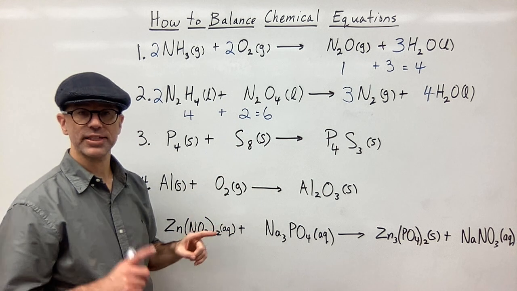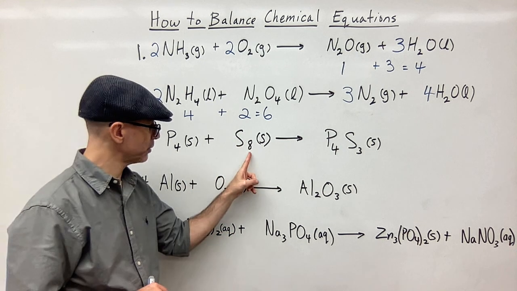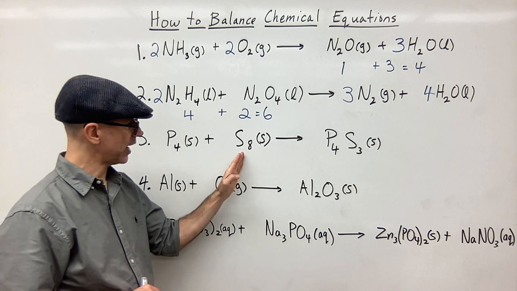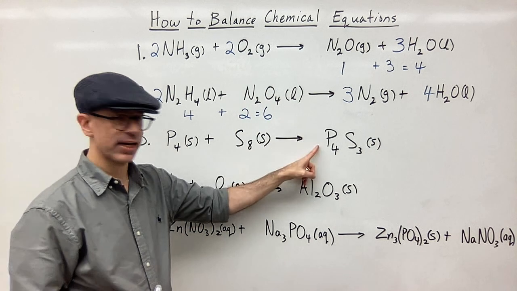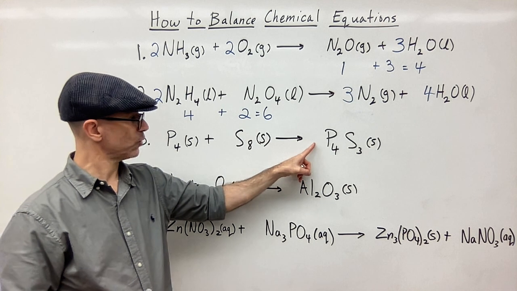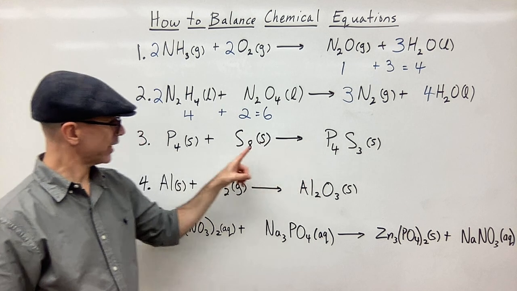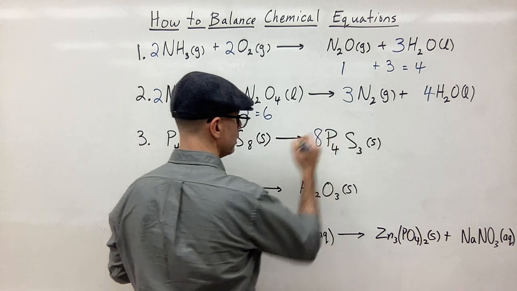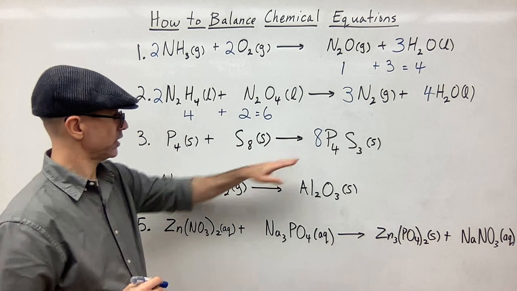And this is where I was saying you can take the subscript of the element on this side and place it as a coefficient of the compound with that element on this side. So I can take this 8 and write that as a coefficient there.